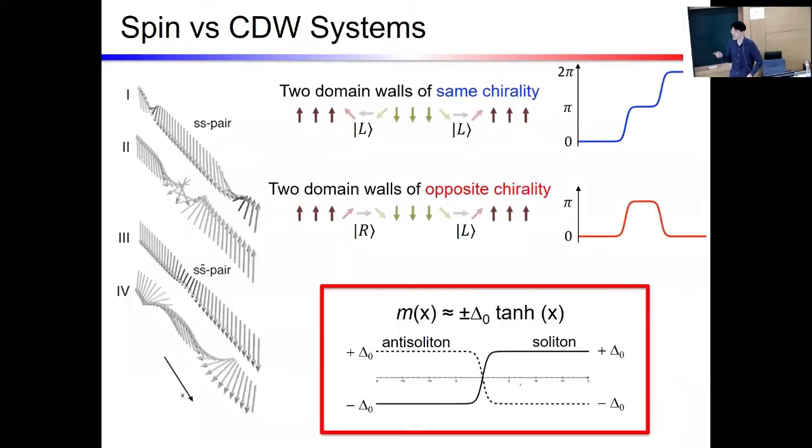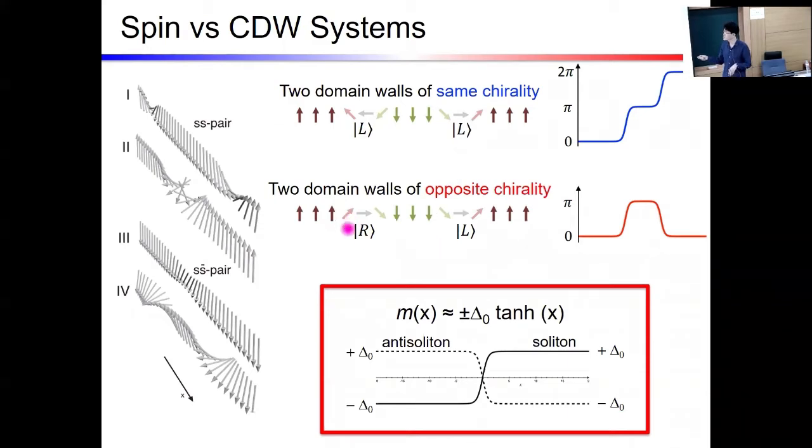So let's compare more clearly the difference between the spin and the CDW system. For a spin, consider these two situations. At first glance they are similar, right? Actually, when you look carefully, here the spin rotates counterclockwise and keeps rotating counterclockwise, so they have the same chirality.